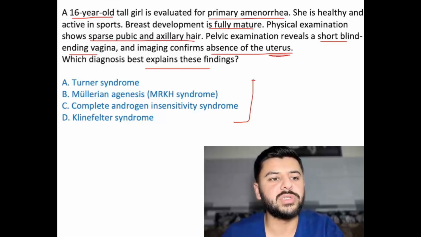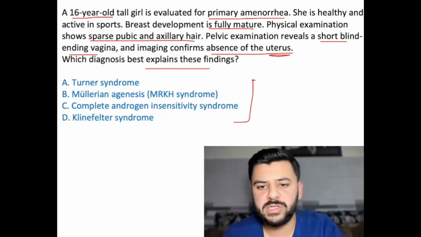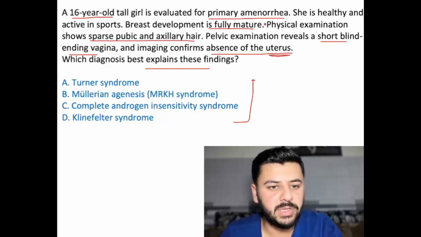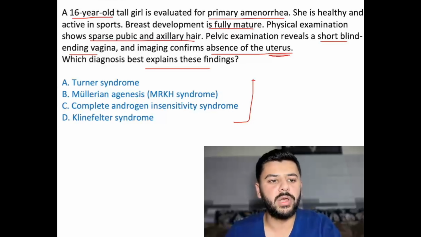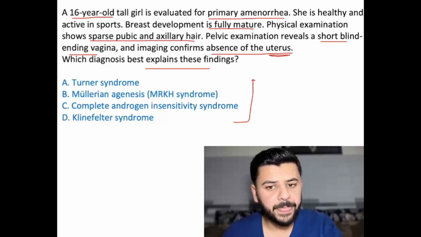Let's decode the question. You have no periods, you have normal breast development, you have a blind-ended vagina, and you have an absent uterus. Okay, these are the 4 findings. Now the next question you're going to ask in order to differentiate between androgen insensitivity and the Müllerian agenesis is: is the pubic hair normal?